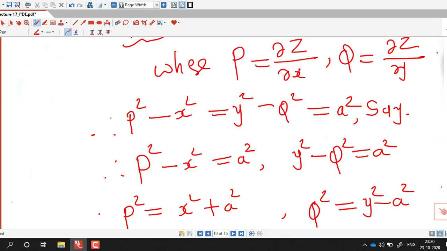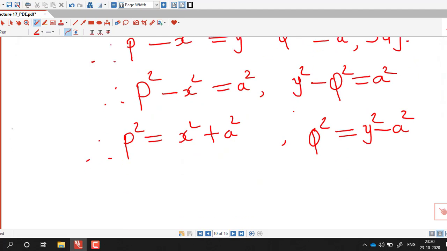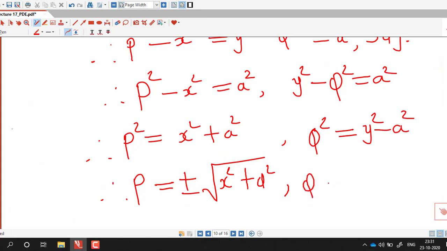There is nothing special in writing a square, but to simplify the further steps, we will write the arbitrary constant as a square. So therefore I obtain capital P equal to plus or minus under root x square plus a square. Similarly q equal to plus or minus under root y square minus a square.